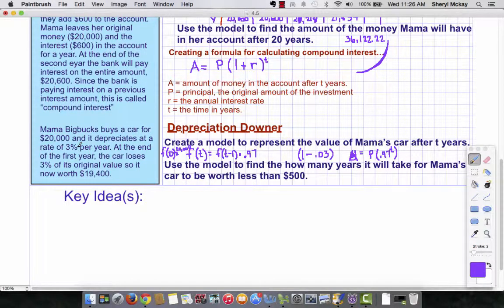The problem is that usually cars depreciate at much greater value, and the older they get, the more they depreciate. So that was sort of an interesting little jaunt there. At 122 years, it will be worth less than $500. It actually is like $496. But who keeps a car for 122 years? No one. The car would be totally worthless.